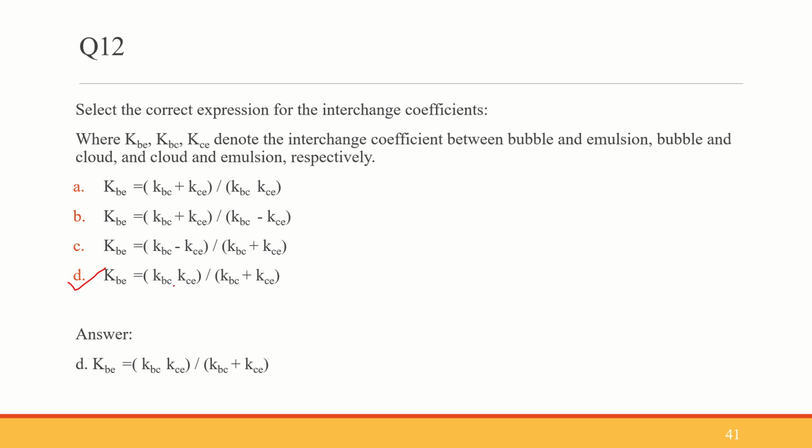So here KBE is equal to KBC into KCE divided by KBC plus KCE. So I am just taking the reciprocal on both sides.